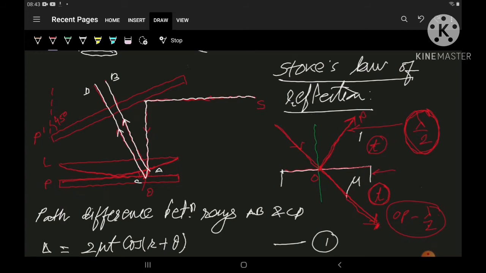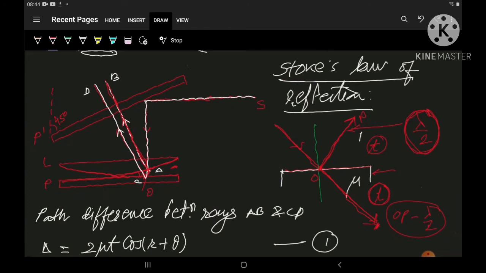Let's see how. Look here in the figure, the light ray AB is reflected from the surface of air, so no additional path difference will be produced in AB.